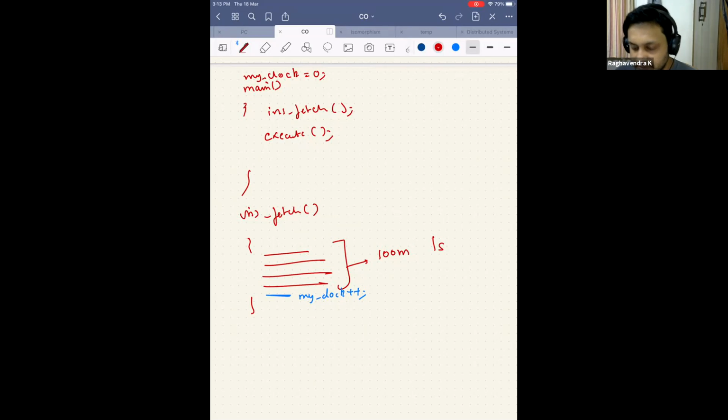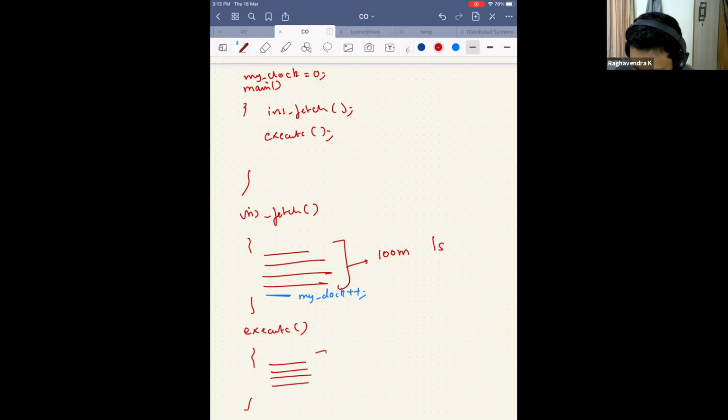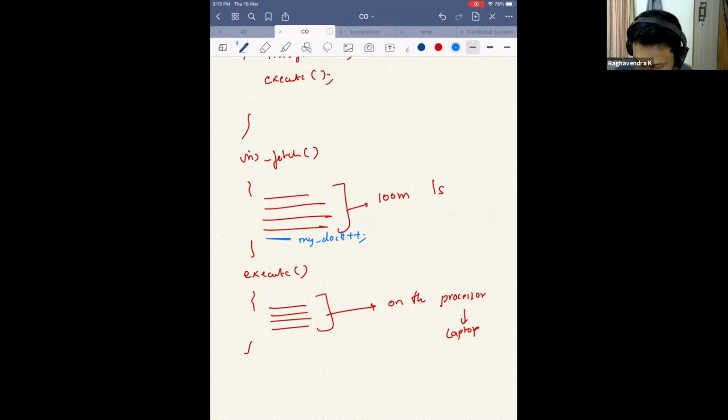So let's say now I have execute. Now I can take any amount of time on the processor. What is this processor? This is the processor that is on your laptop or in your friend's laptop if you're copying the code. It doesn't matter. All you have to write is my clock plus equal to 2 because you decided that it takes 2 cycles.